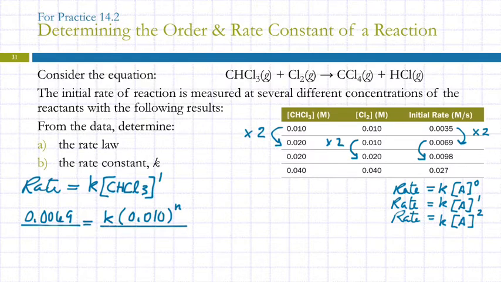N is what we're trying to find out here. The rate for the other trial is 0.0098, and that equals the constant times the concentration for that trial raised to the n power. So the k's cancel out, and we can take 0.0069 divided by 0.0098. The numbers would have been nicer if I'd done it the other way around, but it works either way.